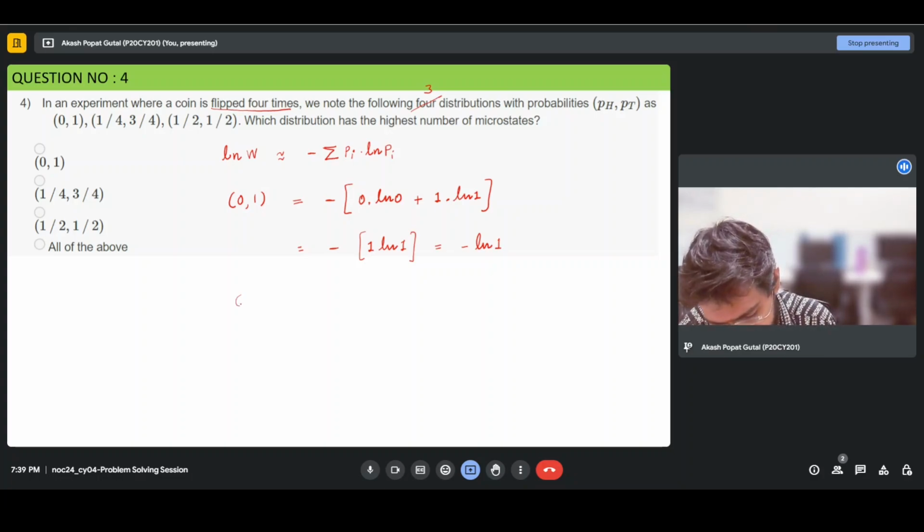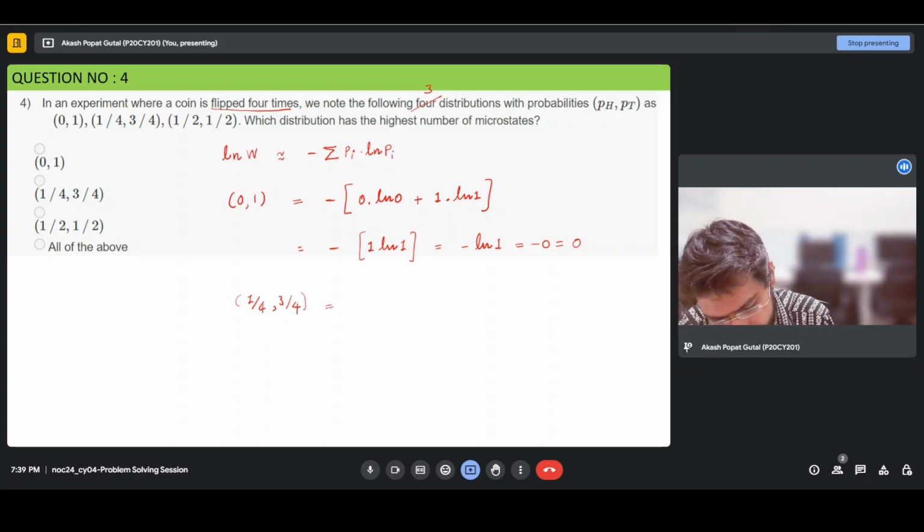And for the second system, 1 by 4, 3 by 4, we know that the natural log of 1 is 0, which is nothing but we can put directly 0.